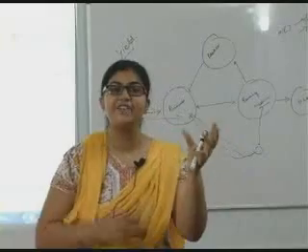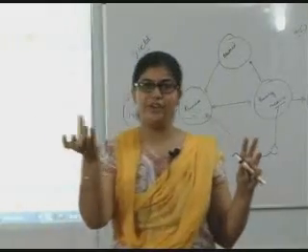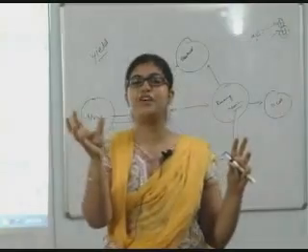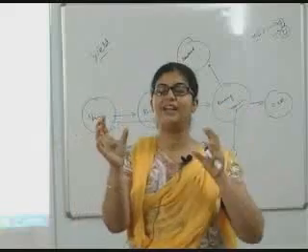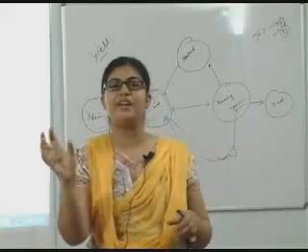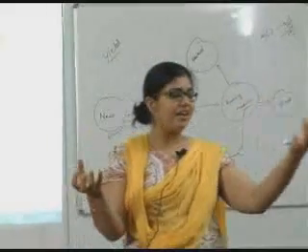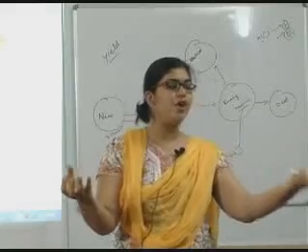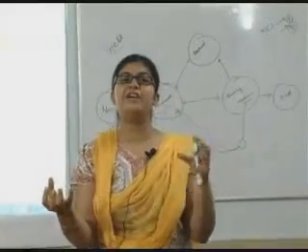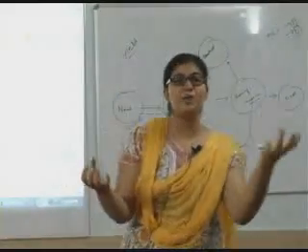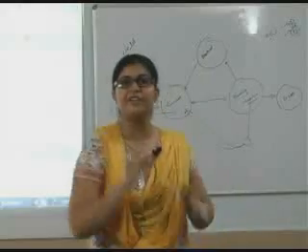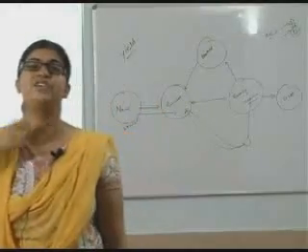It is checked with the current running thread. If the current running thread has priority 5, and the thread which has come has priority 8, it means the new thread has higher priority than the thread which is actually running.